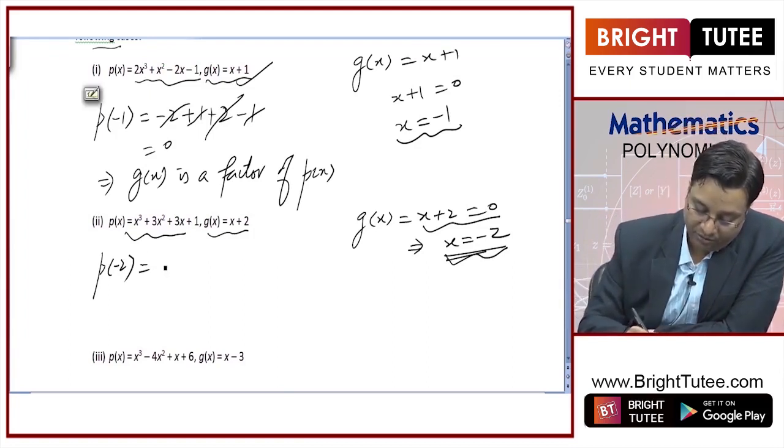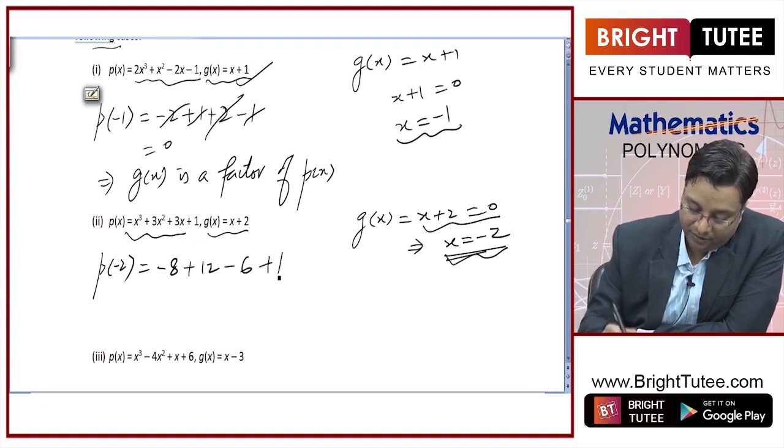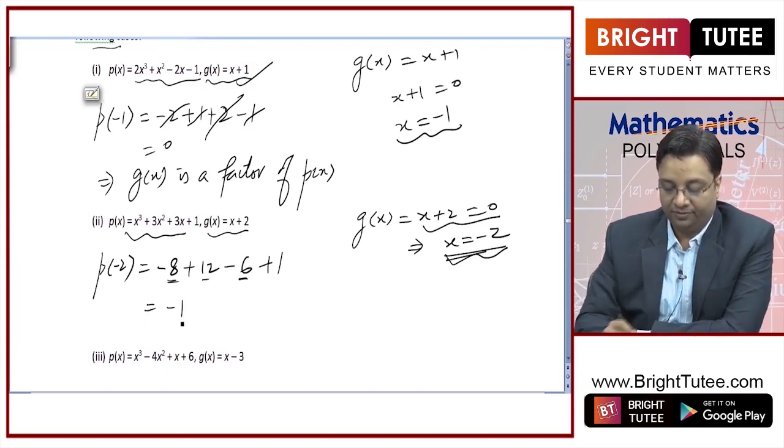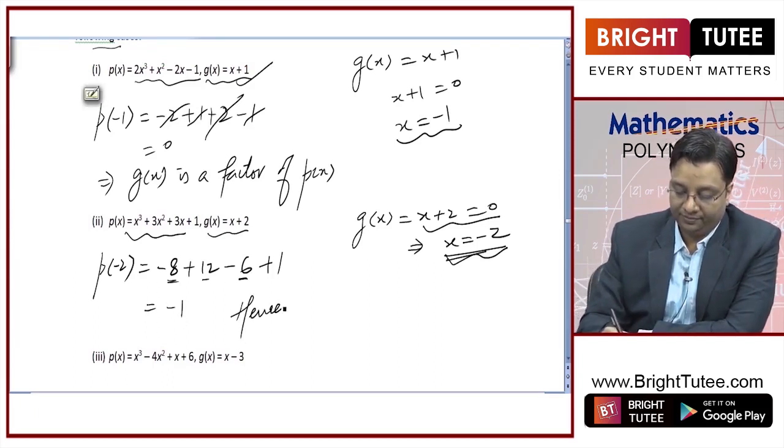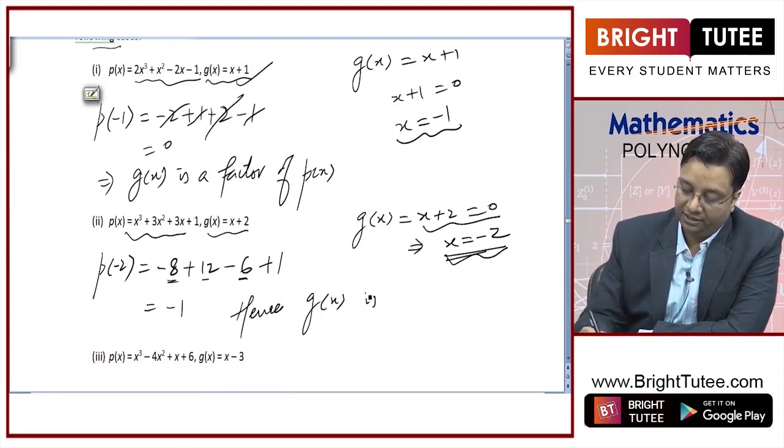So p of minus 2 is minus 8 plus 12 minus 6 plus 1. So this is minus 14, this is plus 13. So it is equal to minus 1. Hence, in this case, g of x is not a factor of p of x.